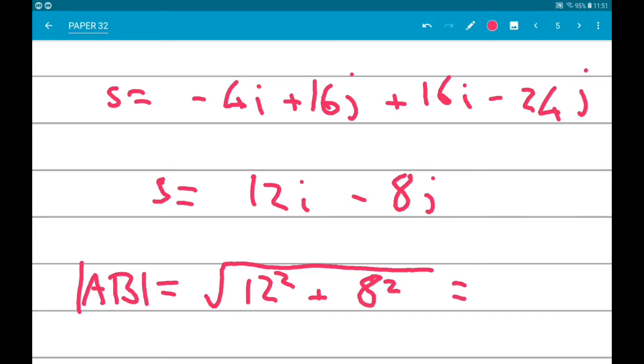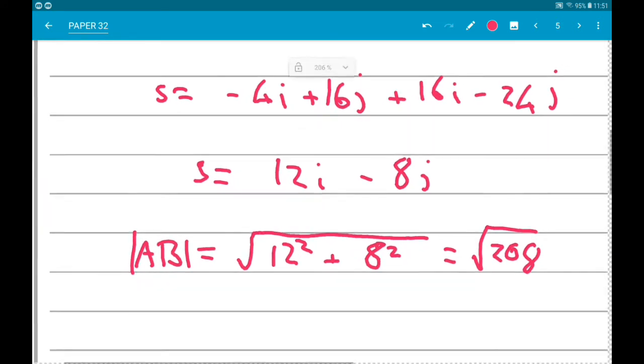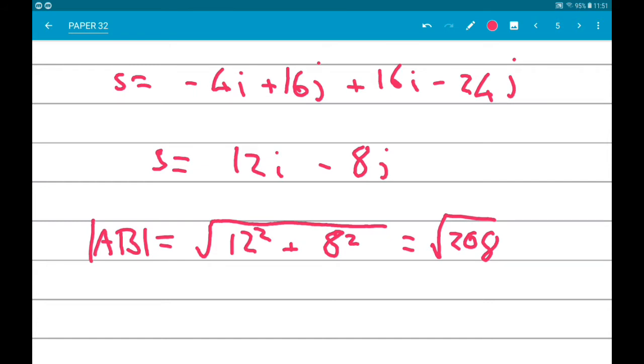Alright, so that gives us root 208, which would be a fine answer, except we also need to put meters, or to one decimal, that's 14.4 meters.